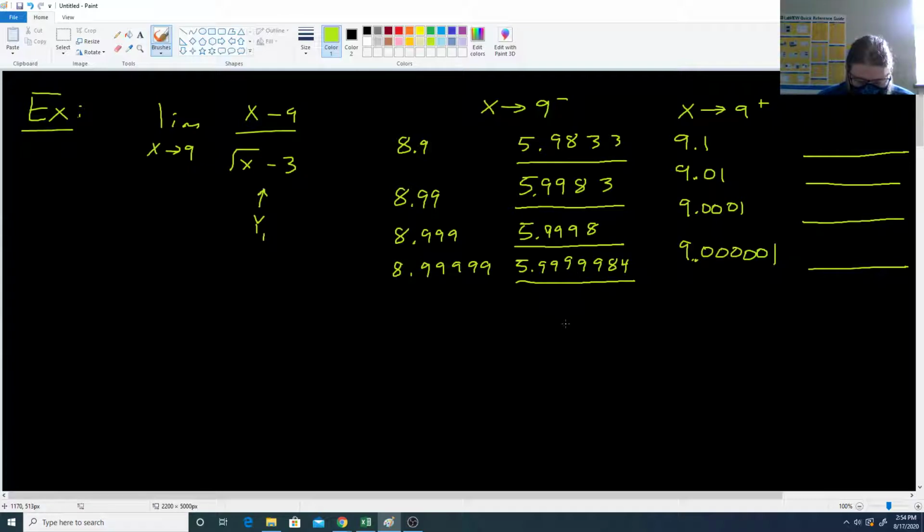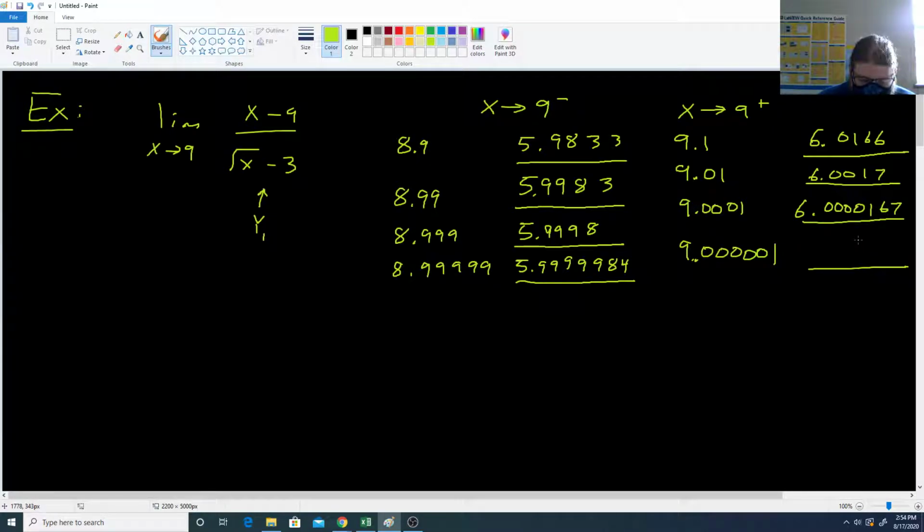All right, let's see what I get when I put in the 9.1s. 9.1 gives me 6.0166. 9.01 gives me back 6.0017. Now if I put 3 zeros then a 1, I get 6.0000167.